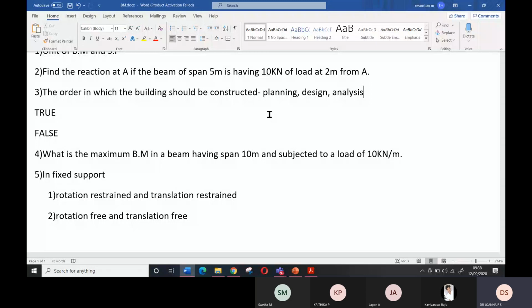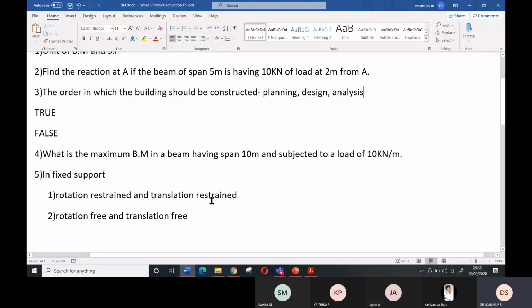Then what is the correct order? Analysis, then design. Am I correct? Yes, ma'am. First planning, then analysis, then design. What's the answer for the fourth one? Who will answer, Sweta? 125 kilonewton meter, ma'am. Okay. Fifth question. Again, what is correct? First one or second one? First one, ma'am.